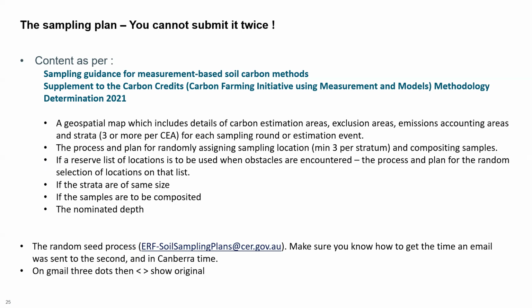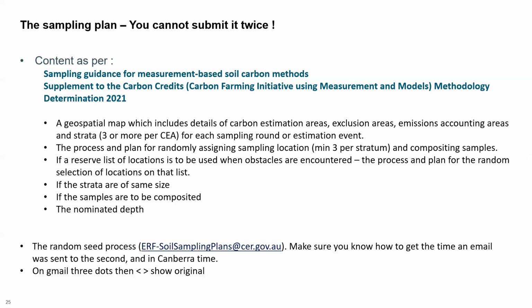I want more samples on the flats. You resend the plan until you get favorable points. So no can do. You can actually do it, but you have to have exceptional circumstances and justify that to the CI, why you did that. You know, the dog ate the sampler or something like that. Otherwise, no, only one sampling plan. So make sure that it's ready.